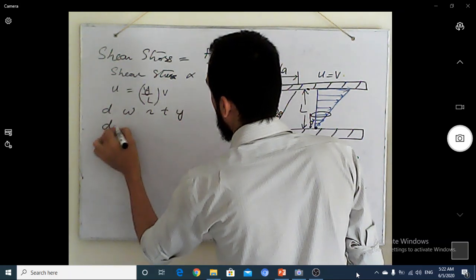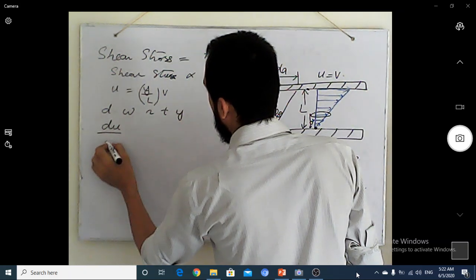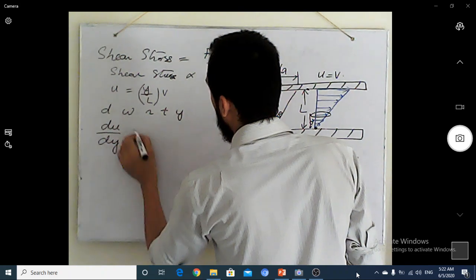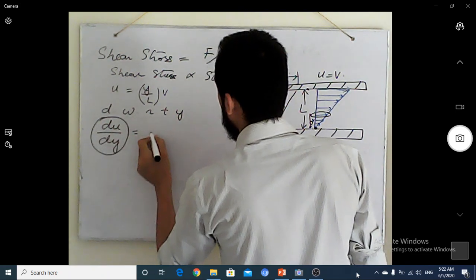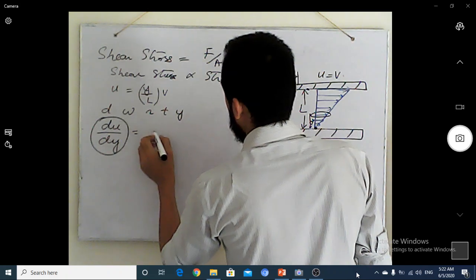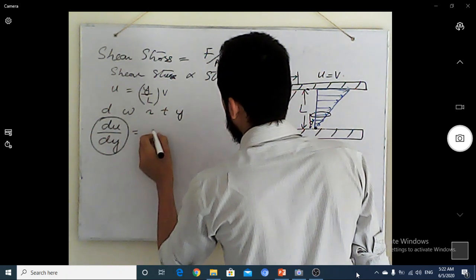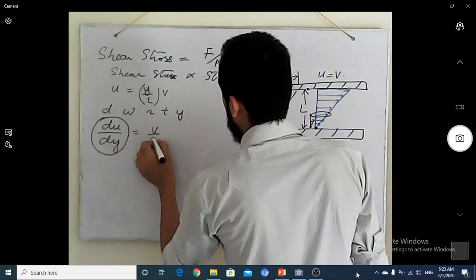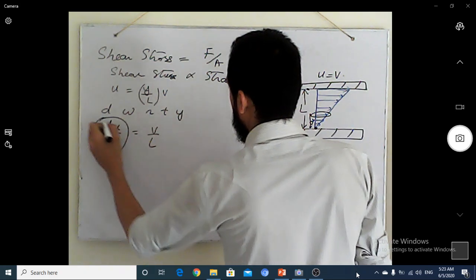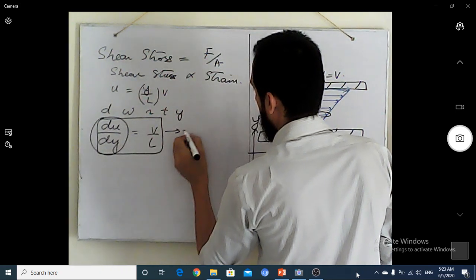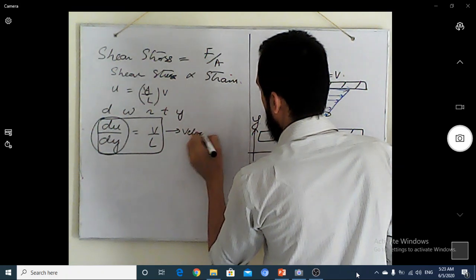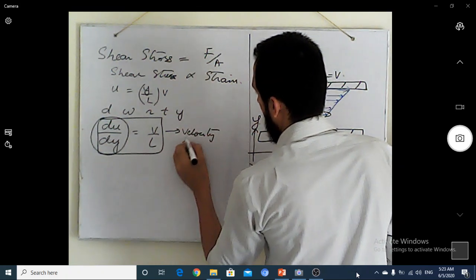We get du over dy, which is called the velocity gradient, and it equals V over L. This is the velocity gradient.